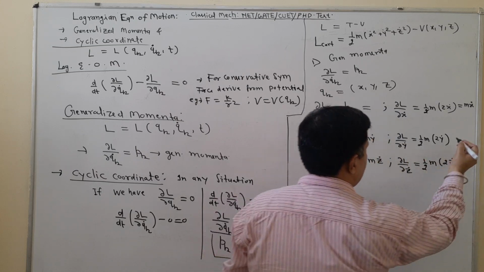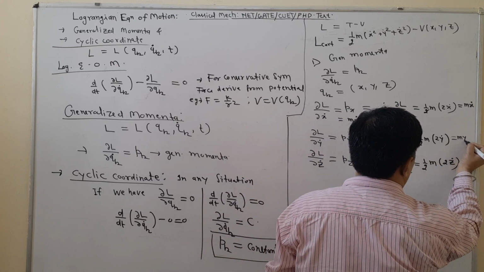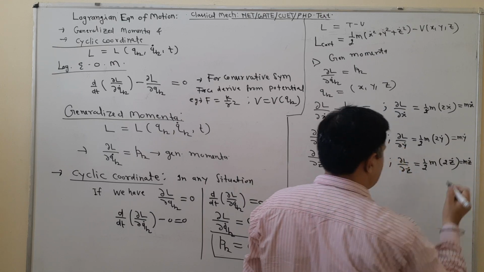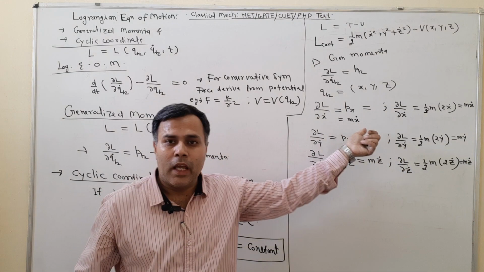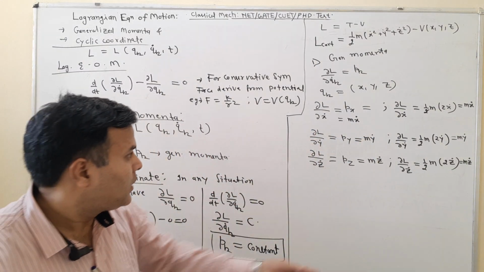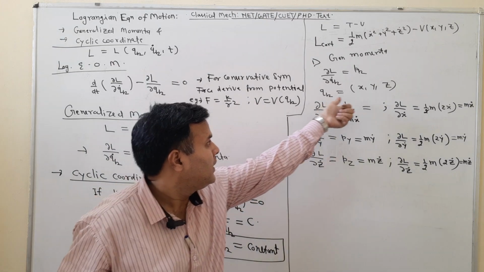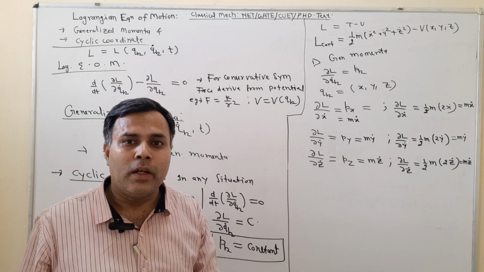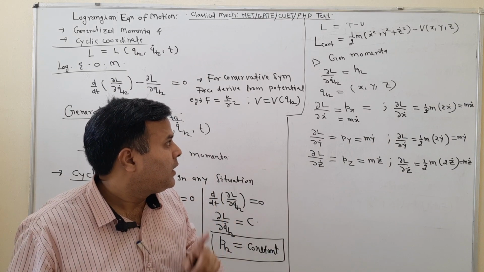So this will give my dot, this will give mz dot. So our px is mx dot.